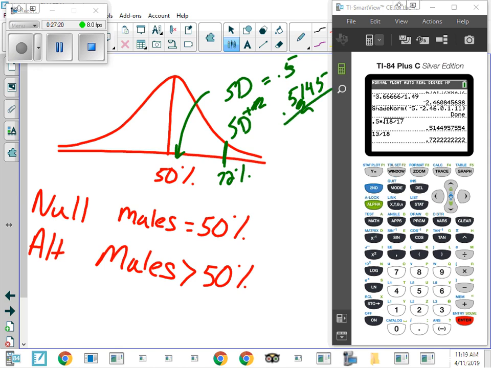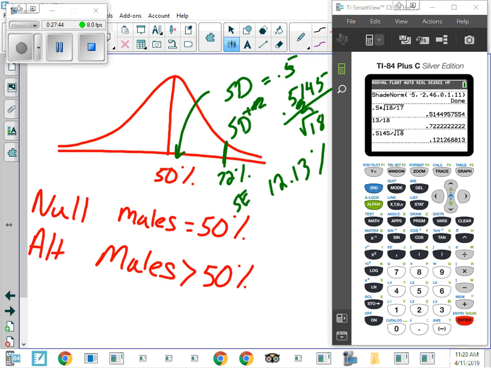So I need to divide this by the square root of 18. 0.5145, and I divide that by the square root of 18, and I get 12.13%. This is my SEP. Any questions so far? No? We get that? Okay.